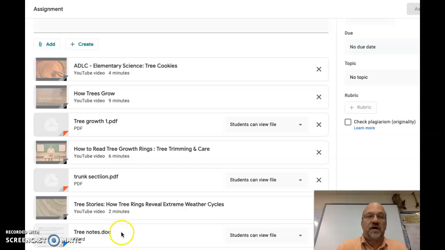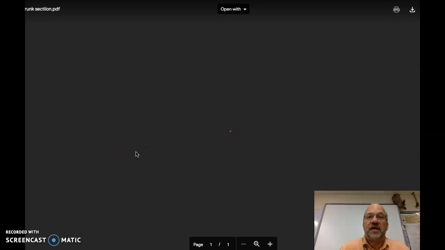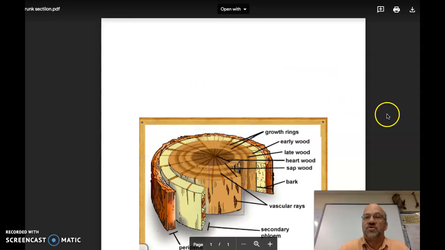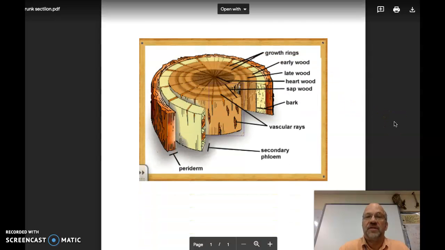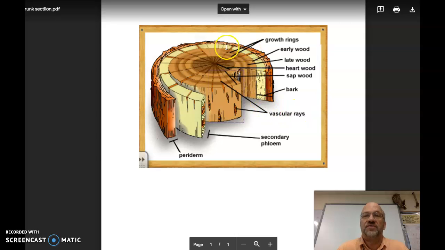They are important as far as the structure of the tree. What we're going to do is I'm going to have you draw a picture with just a blank piece of paper. You can color it and show this, along with labeling the parts of the tree trunk itself.